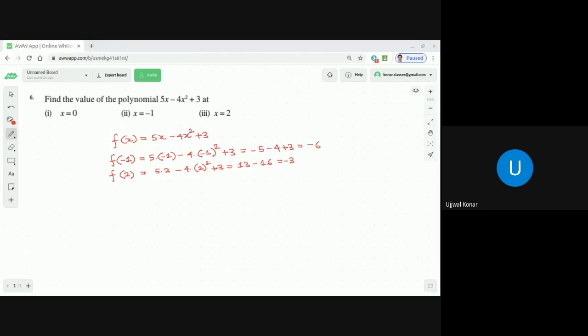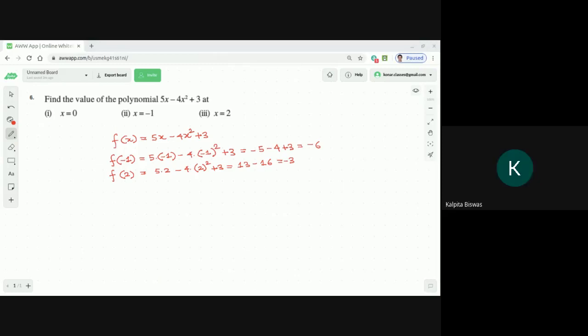Kalpita, I'm looking into your polynomial set 1, question 6. You did absolutely correct, all three are correct. It was my mistake, definitely. I'm surprised how I made this mistake.